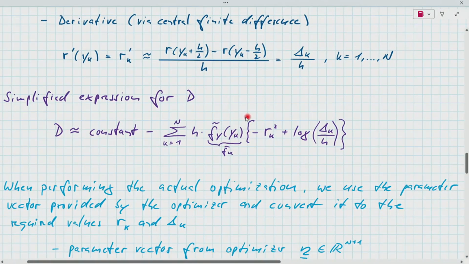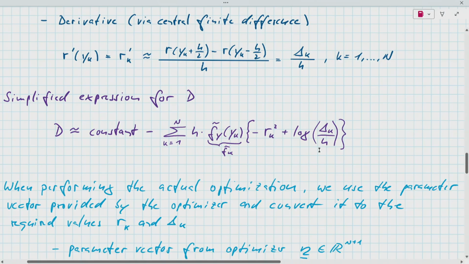If we do that, we get a sum times h, the distance between two quantization values in the y domain, and then the density evaluated at the discretization points, the map points at point k, and then the derivative is just delta k over h, and the log of it. That's it, and we sum over it, so very simple.